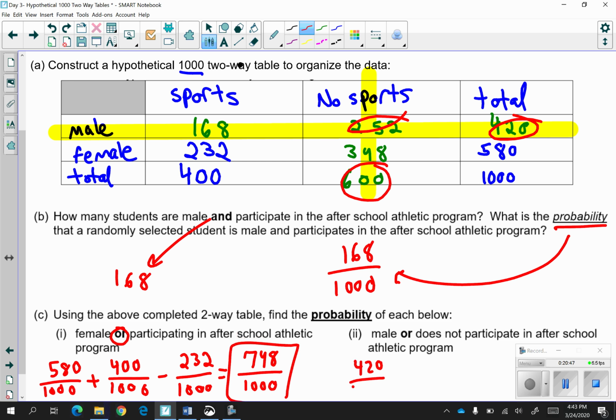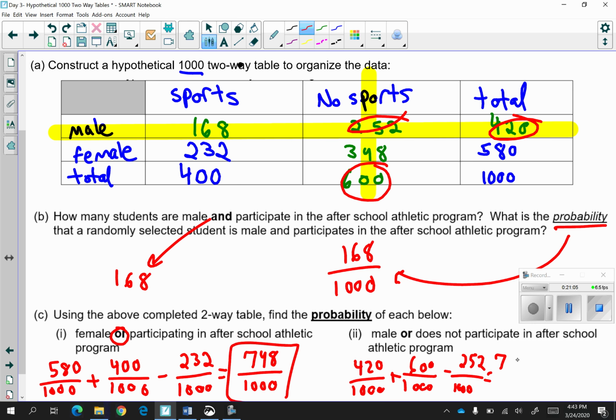So 420 out of 1,000 plus 600 out of 1,000 minus 252 out of 1,000 gives you a total value of 768 out of 1,000.